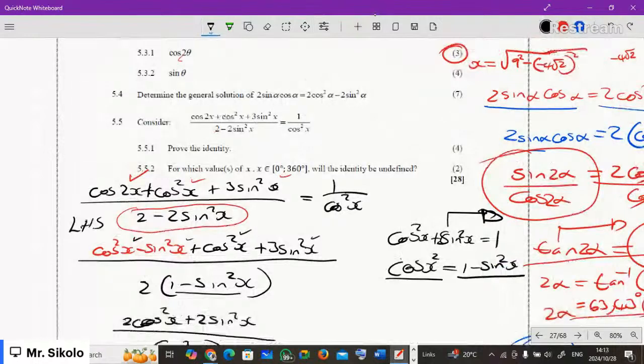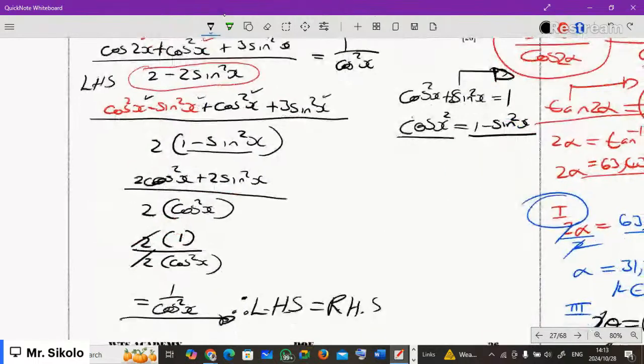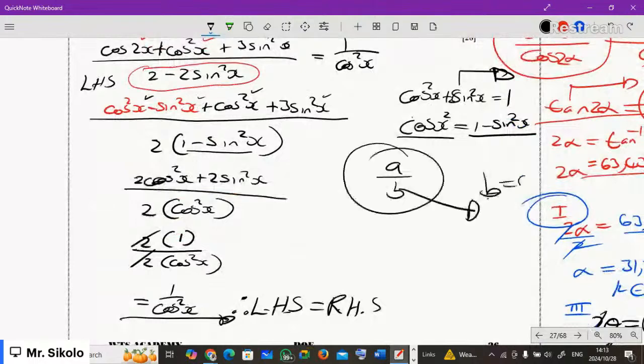Okay, lastly kwathiwa ke ngoku for which values of x is the expression undefined, when sanikwa i-interval, on the interval when x is the element of 0 to 360. So you already know, in order for any expression to be undefined, that means the denominator has to be equal to 0.